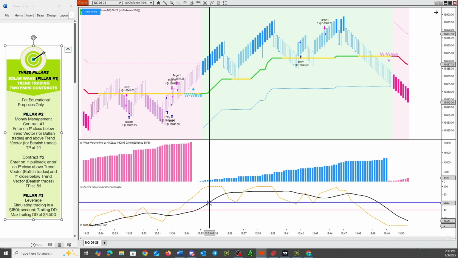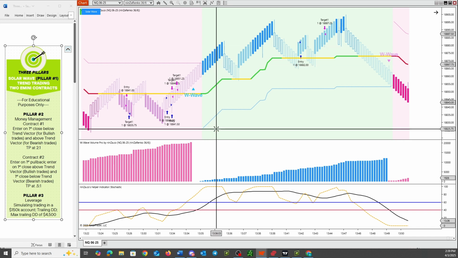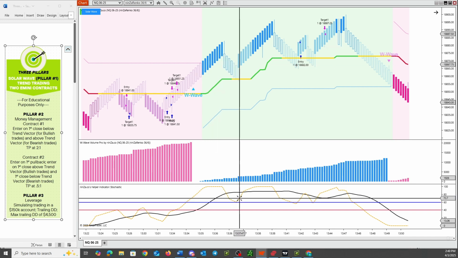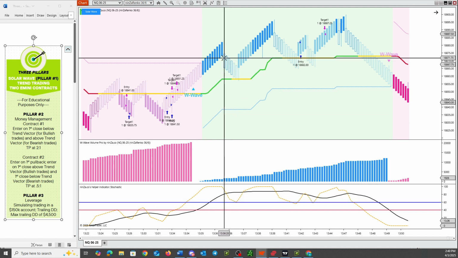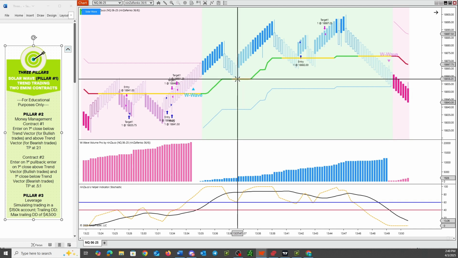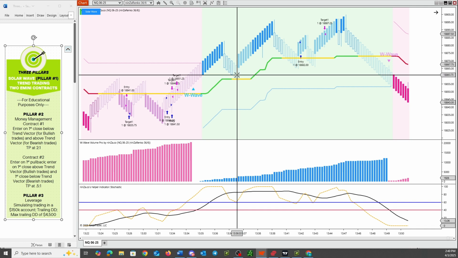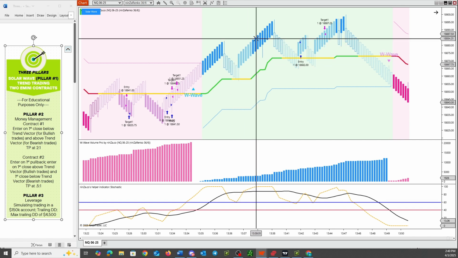The stochastic pops above 60, confirming the solar wave trend, and we get the first pullback underneath. %K pulls under D, pullback here. We have a resting buy limit right there. We should have been triggered in right there at the bottom, and then we have the up close. So we would have made an easy quick 5.